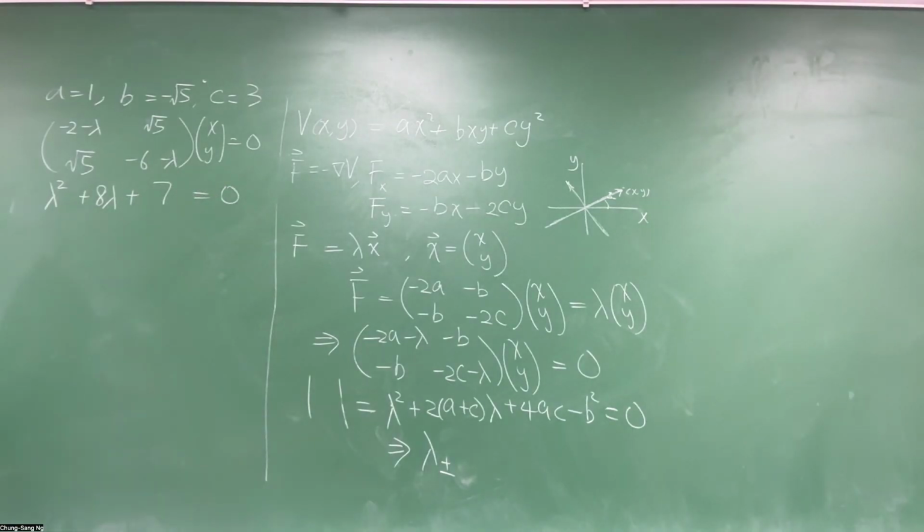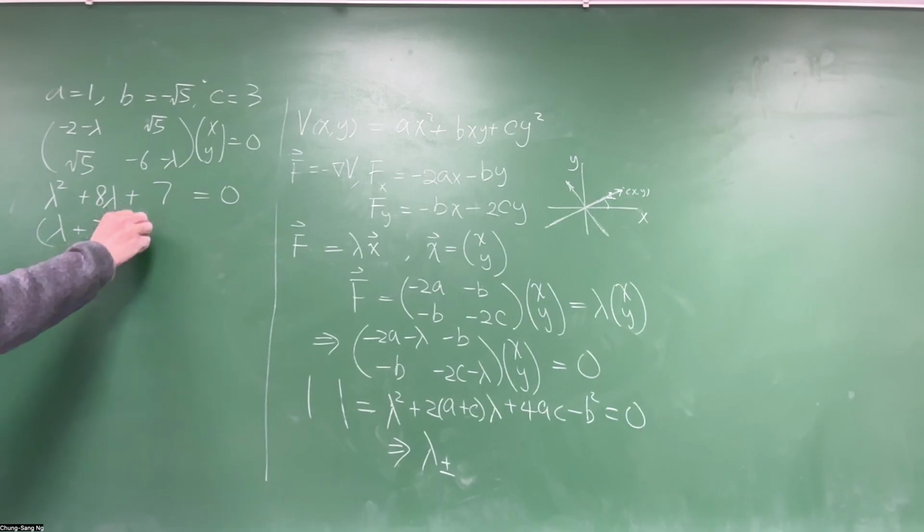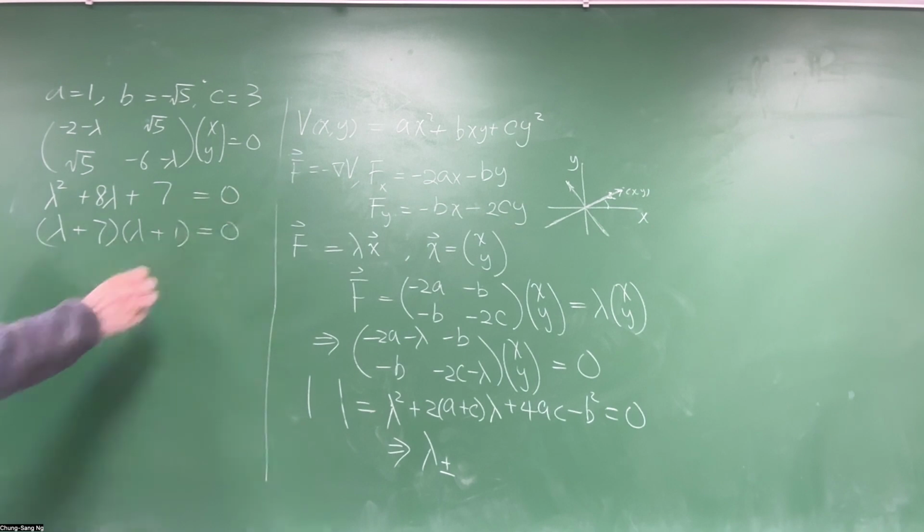Okay, and usually this is chosen so that the equation is easy to solve, so we can look for a way to solve it by factorization. So I guess one is 7, the other is 1, right?